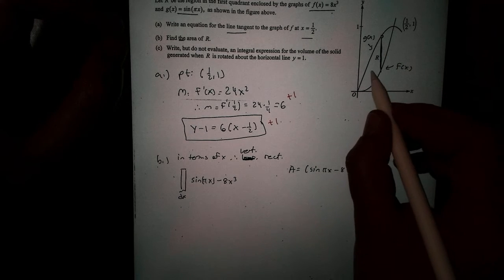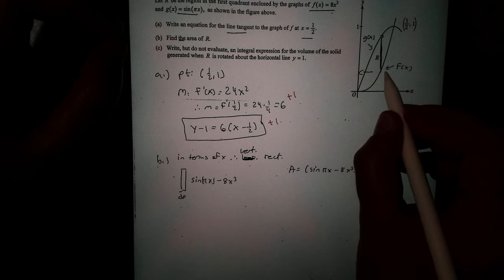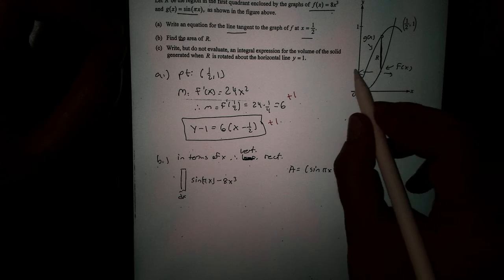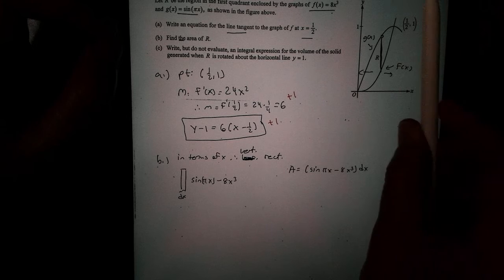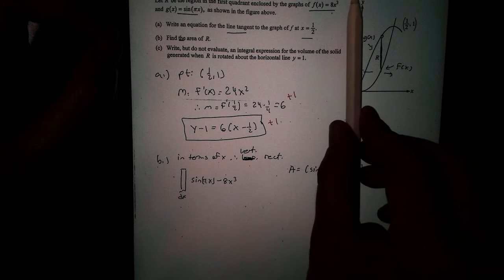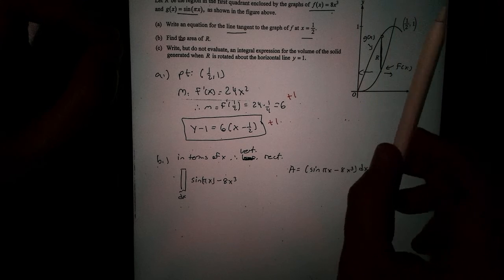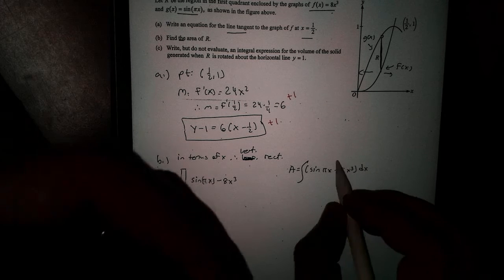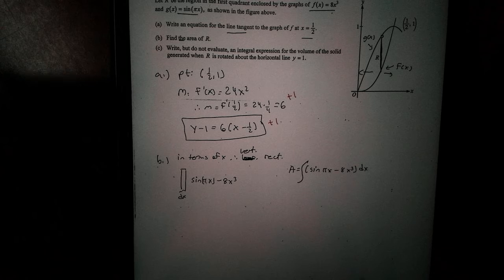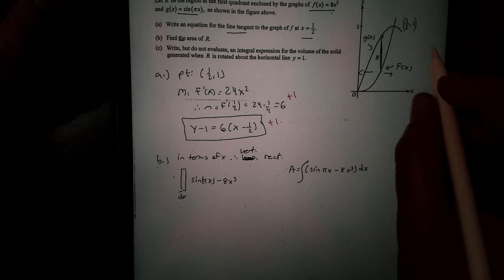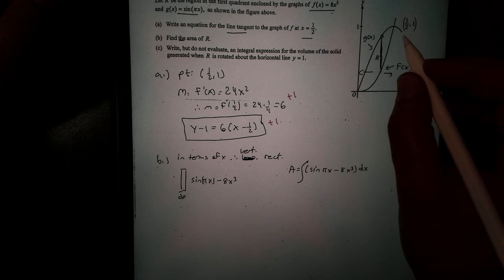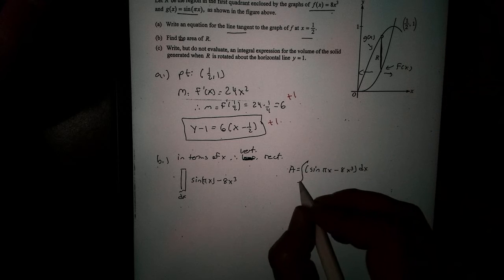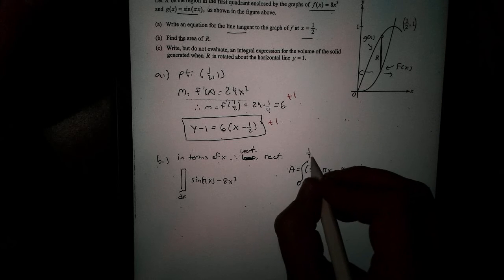But now we have to find the area of all of those little rectangles as this rectangle goes from right to left, filling in that little region. To do that, we are going to integrate. Remember, the integral sign adds up an infinite sum of rectangles, and we would evaluate that from x equals 0 to x equals 1/2, where they meet.